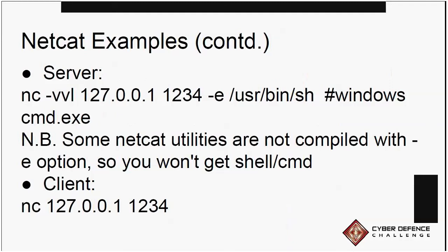As you were able to see on the different screen, I was issuing a NetCat -vlv. The v just stands for verbose, so if something goes wrong, NetCat will tell you. It's great for troubleshooting. 127.0.0.1 can be used interchangeably with localhost, and basically localhost resolves to 127.0.0.1.